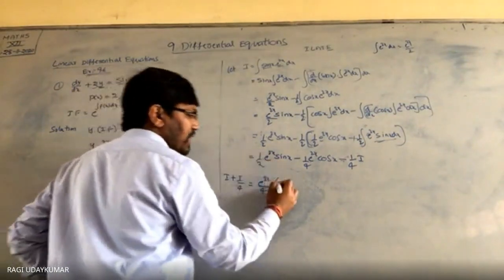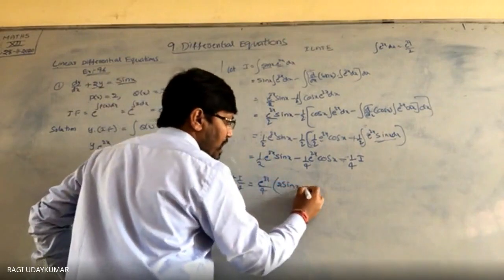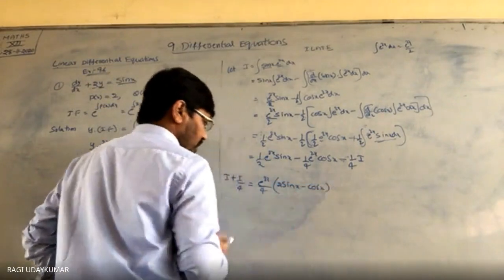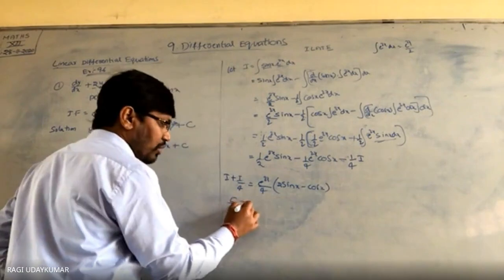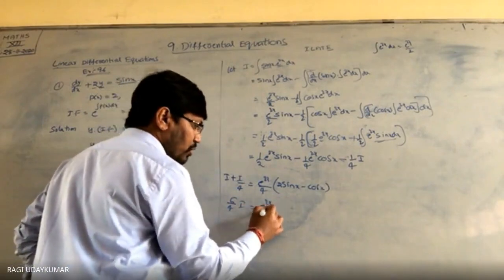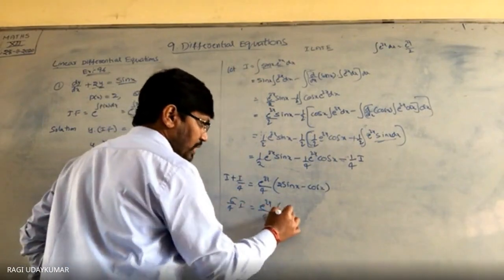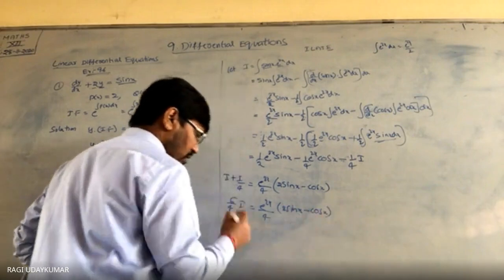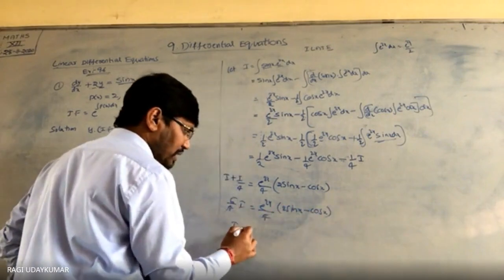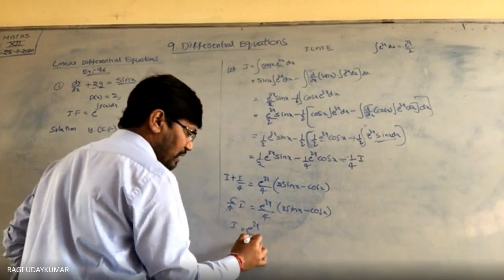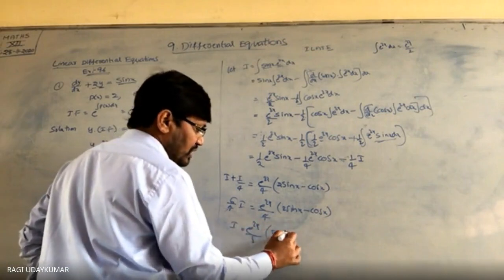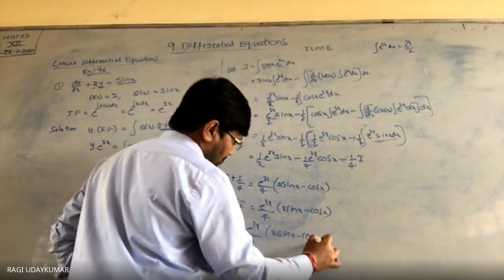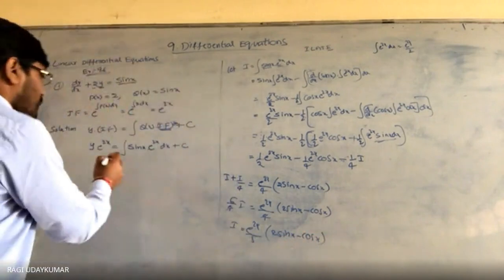So 2 आ जाएगा, 2 sin x minus cos x. So this is 5/4 I is equals to e power 2x by 4 into 2 sin x minus cos x. So 4 will cancel. So I is equals to e power 2x by 5 into 2 sin x minus cos x.